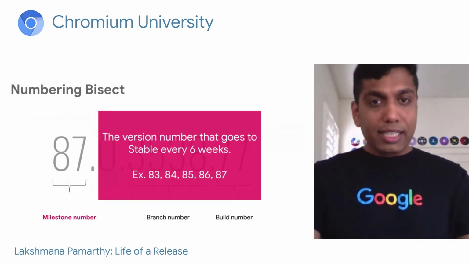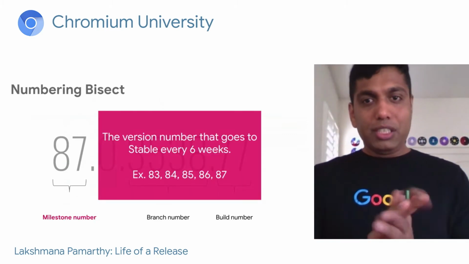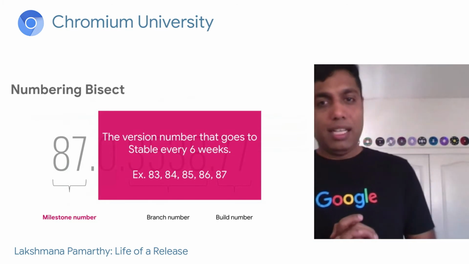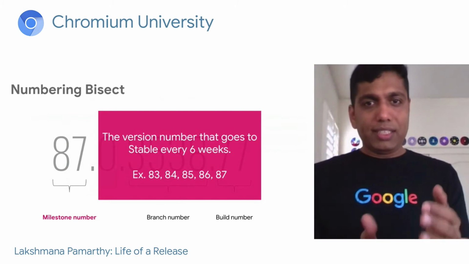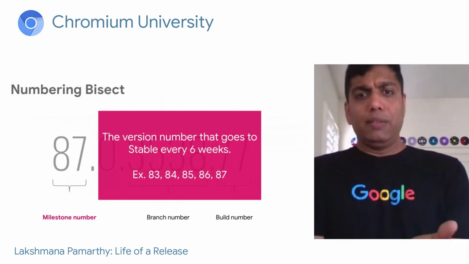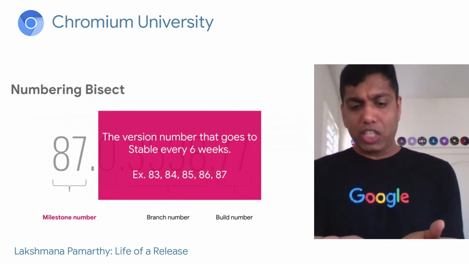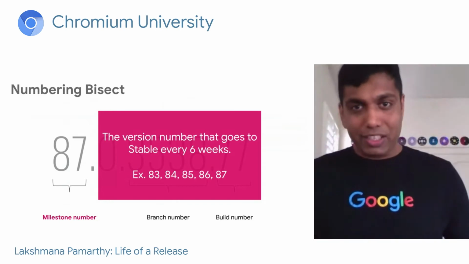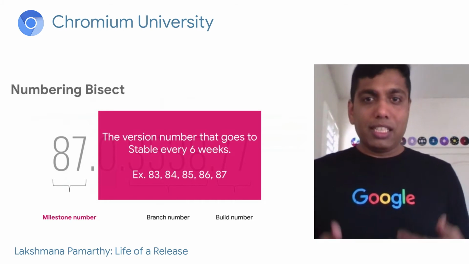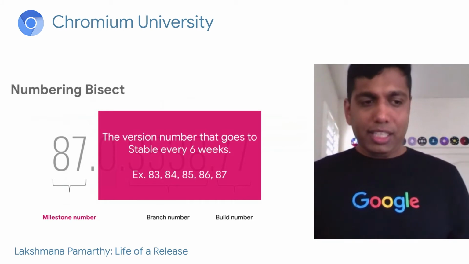Now, the second number. Every 6 weeks, this number gets promoted. 86 is the one which is out there in the stable channel today. Pretty soon that will be replaced, or we will promote 87 to the stable channel. So that is the one that gets updated every 6 weeks.